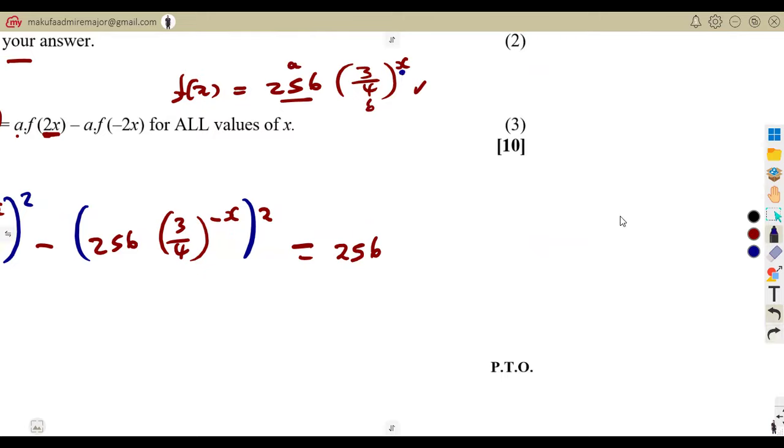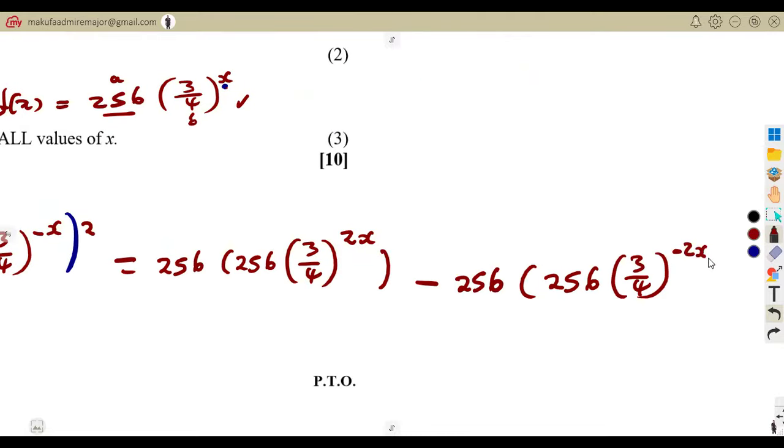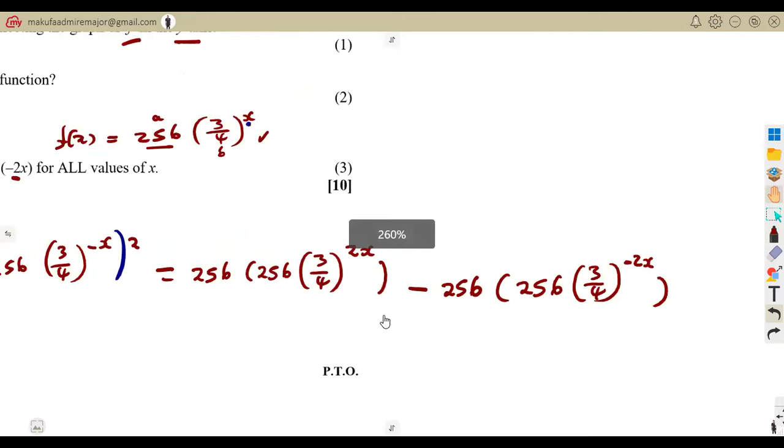So it is going to be 256 times 3 over 4 to the exponent of 2x, minus a, which is 256, times 3 over 4 to the exponent of minus 2x, that is f of minus 2x.